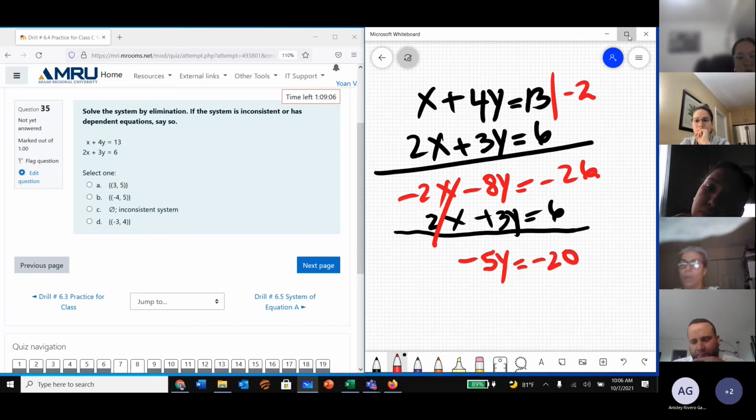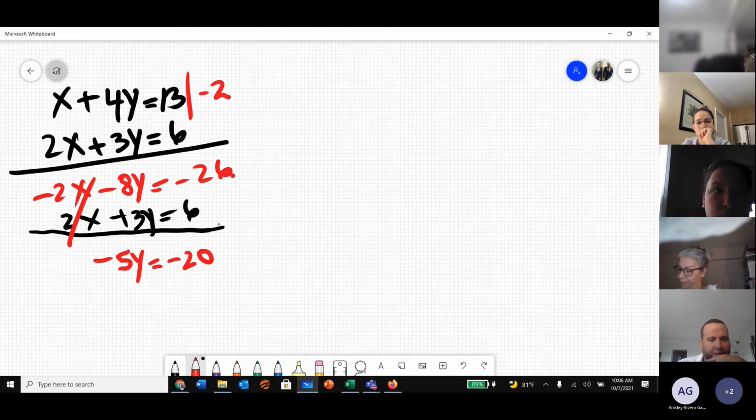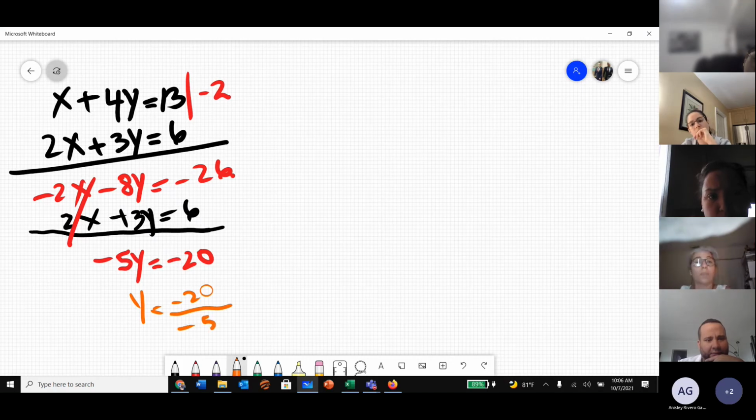And then we have y equals -20 over -5. Negative and negative become a positive, and 20 divided by 5 is 4.